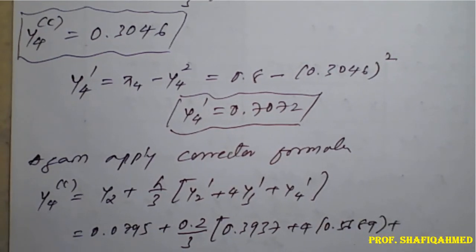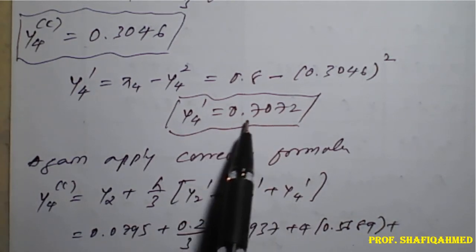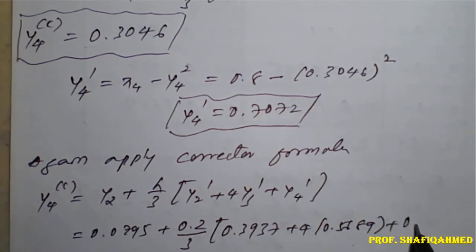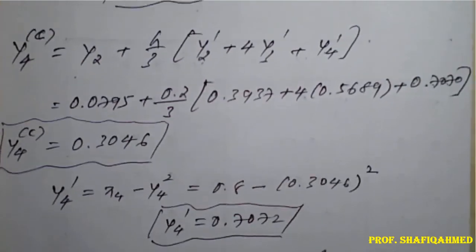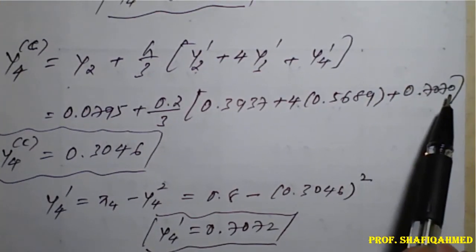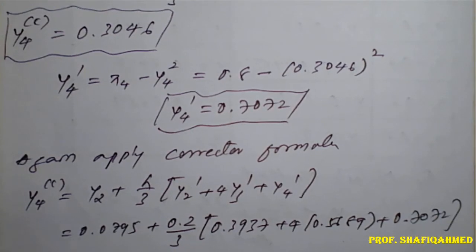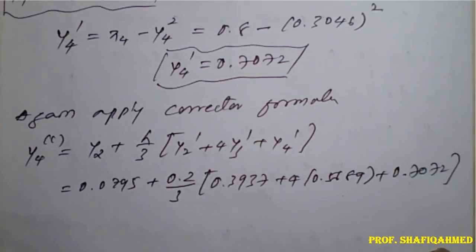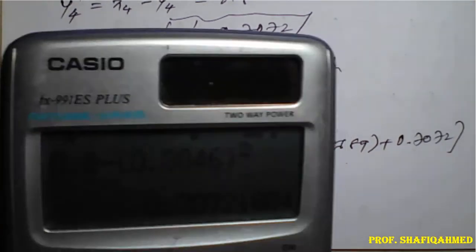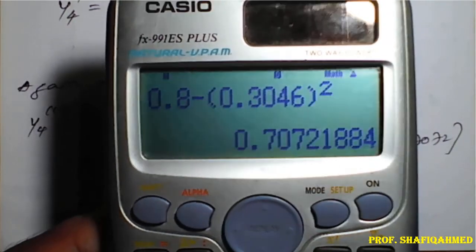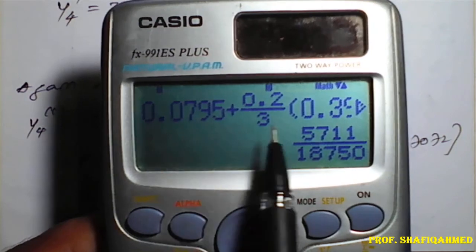But while writing y4 dash, we need to take the fresh value of y4 dash, which is 0.7072. In the previous one it was 0.7070, but the fresh value of y4 dash we got is 0.7072. No need to type everything again in the calculator, it is already available. If you use the cursor button, you can find it completely once again.